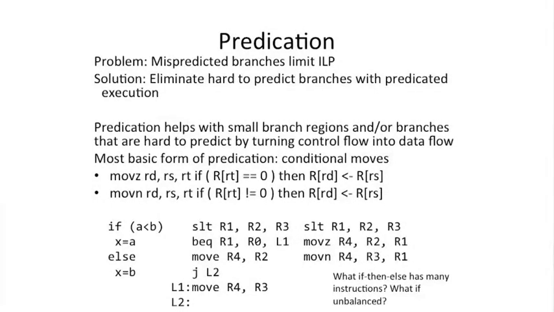OK, so let's think about that for a second. We just took control flow and turned it into something which is never going to take a branch mispredict. That sounds pretty cool, because branch mispredicts were pretty bad. If we had a branch which was hard to predict, where we didn't know with high probability if A was greater than B or not, we can just stick this code sequence in here and be done with it.